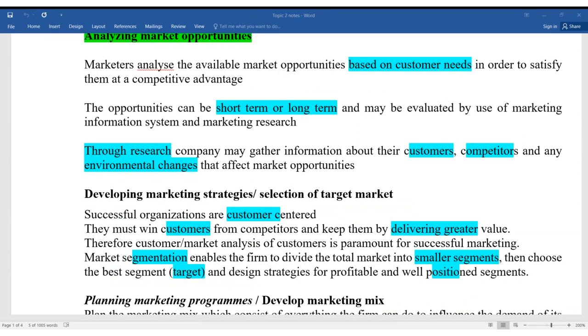The second step in the marketing process relates to developing marketing strategies through selection of a target market. So you come up with marketing strategies. Those are techniques, the game plan to help facilitate and enhance your marketing programs. And those strategies should be customer-centered.